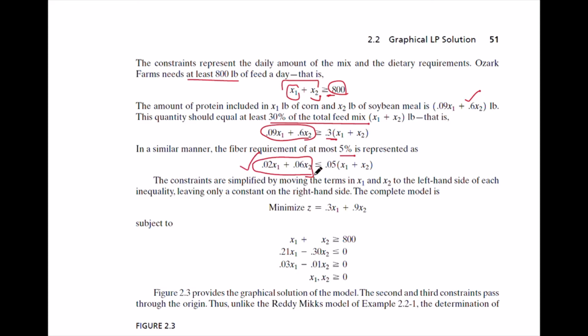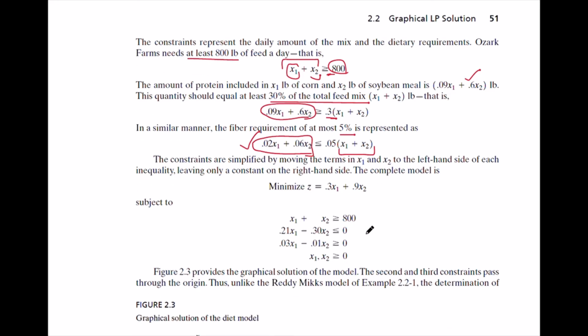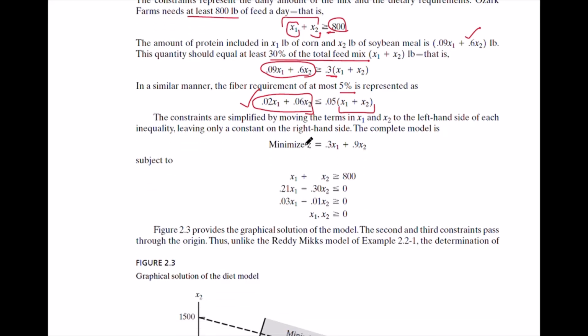So this is the total amount of fiber, and it is less than or equal to 5% of the total. x1 plus x2 is the total daily mix. So we get our OR model: we need to minimize this objective function, where the constraints are these three, and this is the non-negativity constraint.